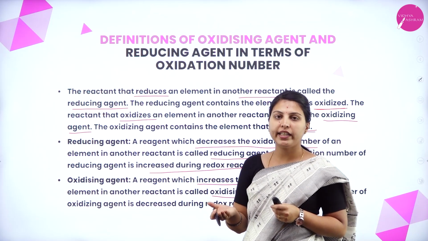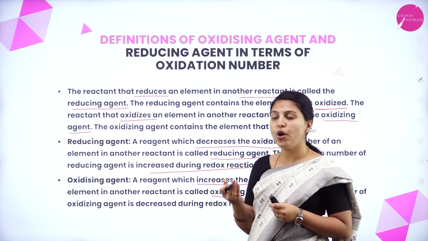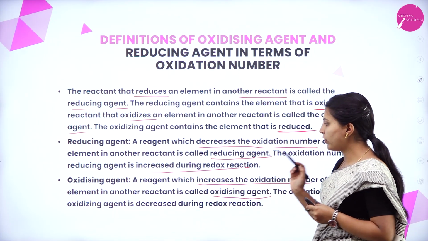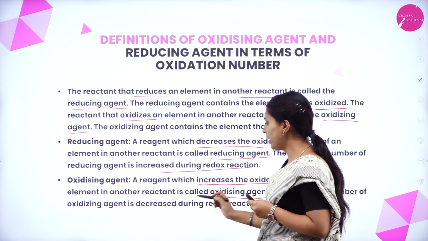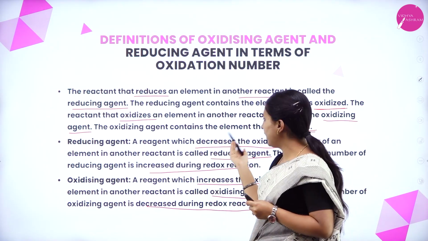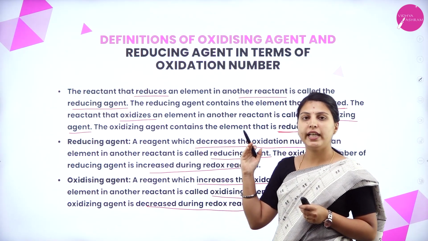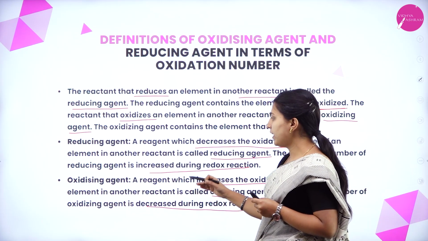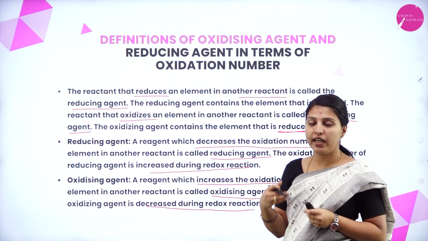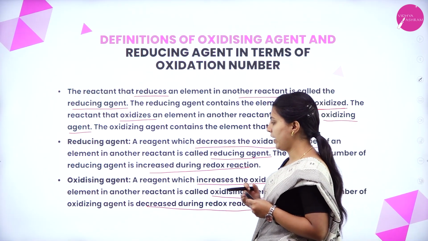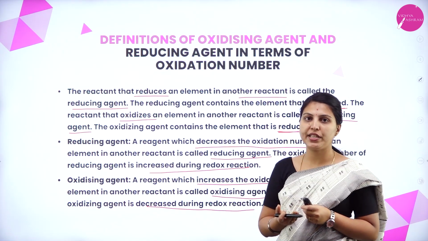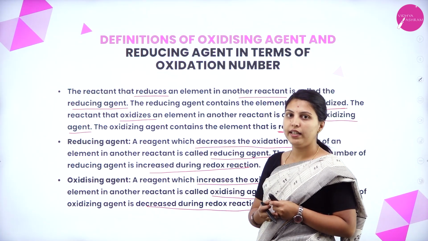The oxidation number of the oxidizing agent is decreased during the redox reaction. Once again, a reducing agent decreases the oxidation number of an element in another reactant, and an oxidizing agent increases it. This is about the definitions of oxidizing agent and reducing agent with respect to oxidation number.